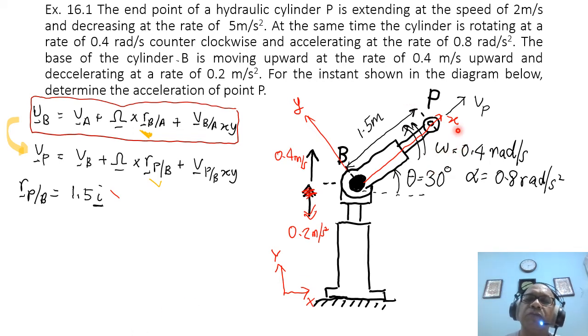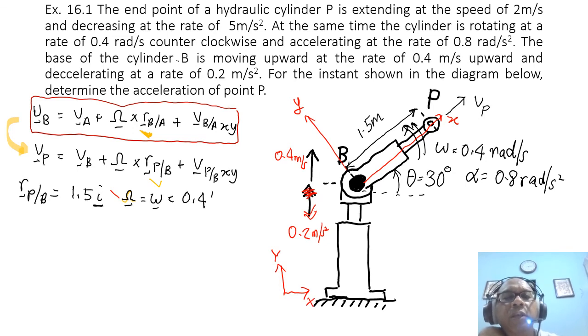Omega is 0.4 radians per second counterclockwise. So if X, Y, J is positive, omega equals 0.4 k. So this is a skill that you need to practice. What else?